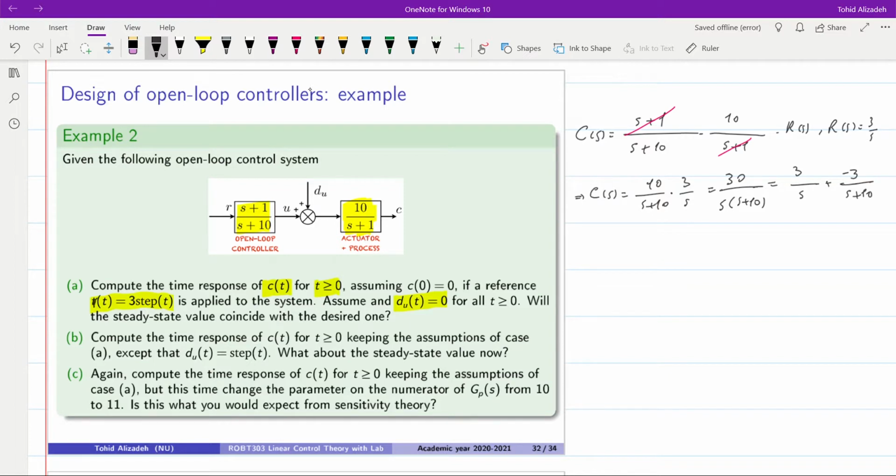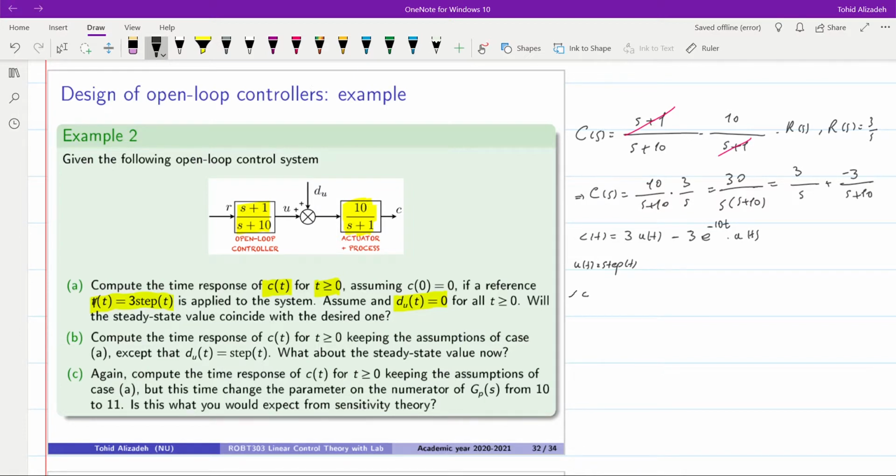If I want to obtain the time domain equivalent for the output, c of t will be equal to 3 times u of t, assuming that u is indeed the step, minus 3 times e to the minus 10t times u of t.